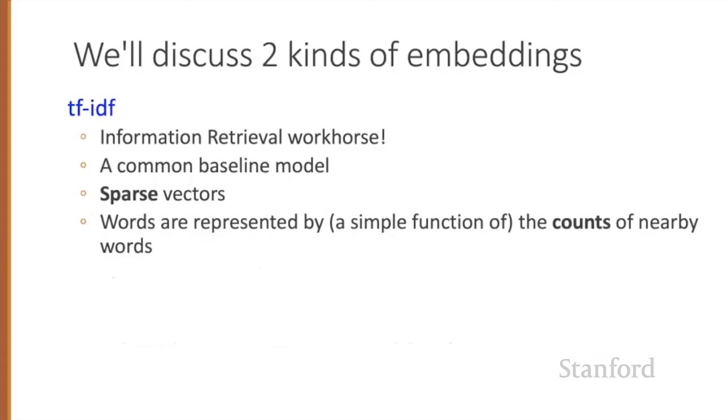In the next lectures, we'll discuss two broad families of embeddings. We'll introduce TF-IDF embeddings. TF-IDF, the workhorse for information retrieval, but also a common baseline model for embeddings. TF-IDF vectors are sparse, meaning they're very long vectors, most of whose values are 0. And the values in a TF-IDF vector are some simple function of just counts of nearby words.